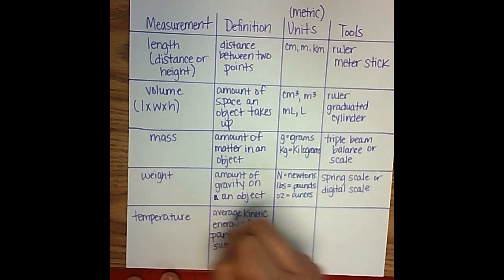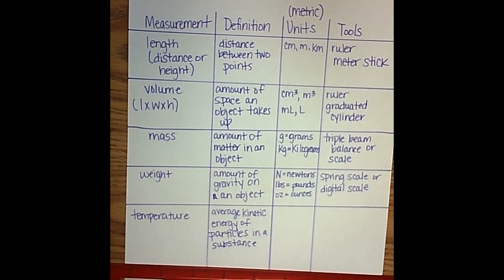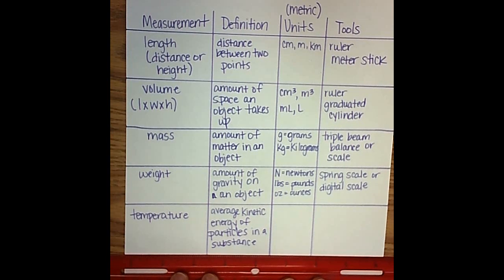I know that sounds crazy because when we think of temperature, we think of how hot or cold something is. But really, everything is made up of particles. So when we measure the temperature, we're measuring the movement of those particles. If the temperature is high, that means the movement is high. There's a lot of movement. If the temperature is low, then that means that there's not a lot of movement. Okay? That is the scientific definition of temperature.